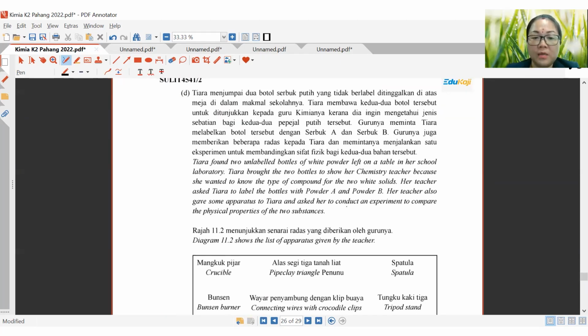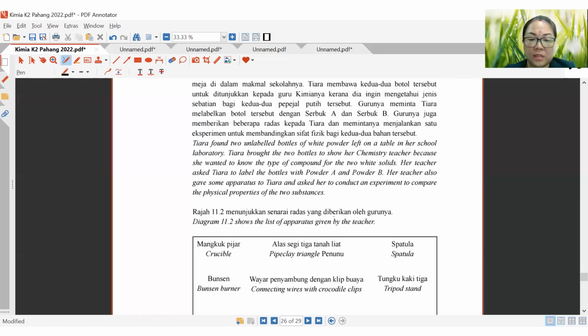Now, D. Tiara found 2 unlabeled bottles of white powder left on a table in her school laboratory. Tiara brought the 2 bottles to show her chemistry teacher because she wanted to know the type of compound for the 2 white solids. Her teacher asked Tiara to label the bottles with powder A and powder B. Her teacher also gave some apparatus to Tiara and asked her to conduct an experiment to compare the physical properties of the 2 substances.